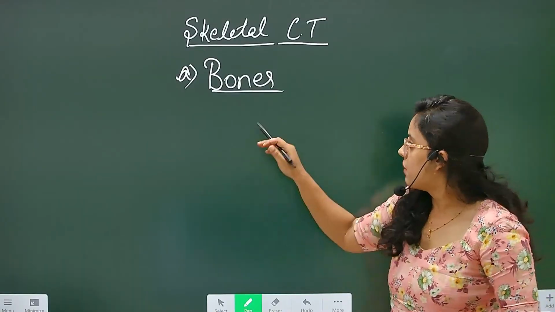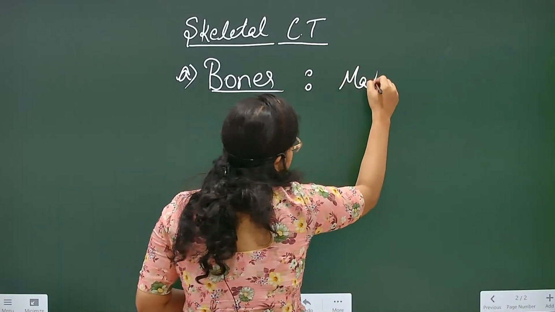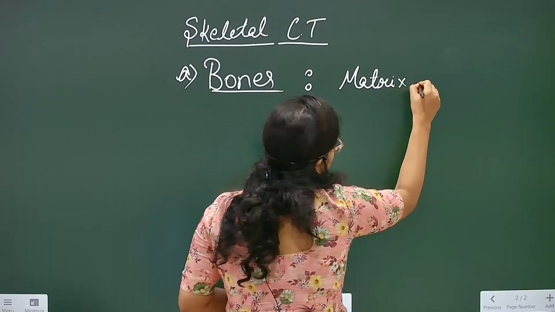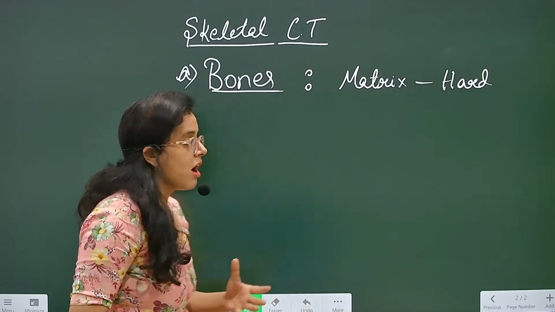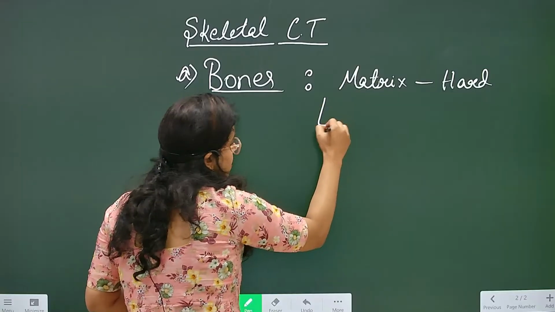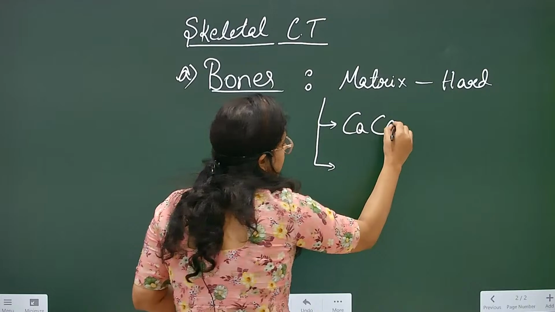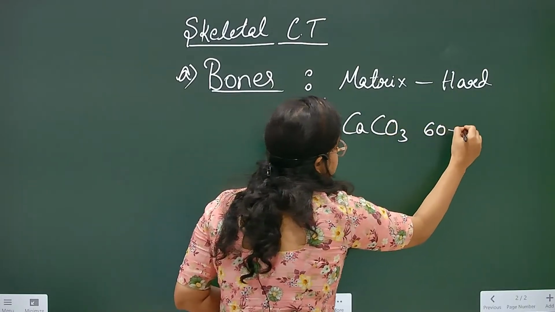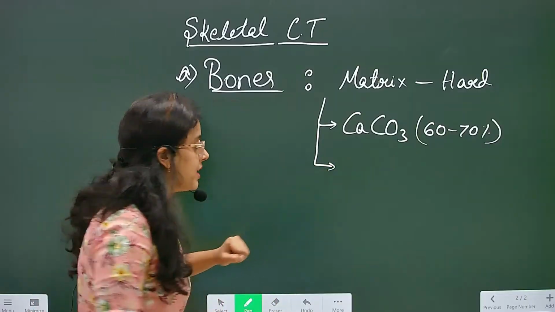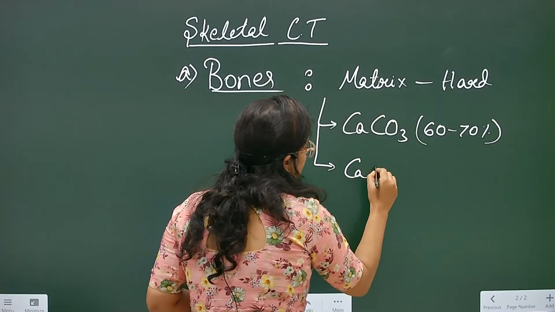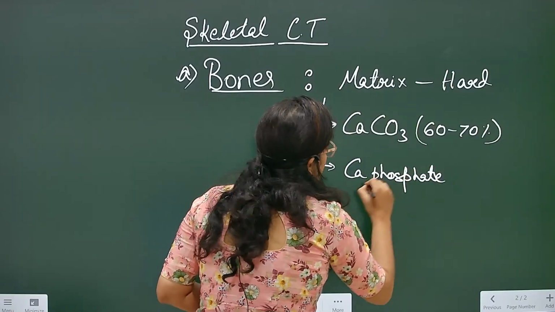Now these bones have a very hard matrix. Why is the matrix very hard? Because it consists of various kinds of salts like calcium carbonate. 60 to 70% of the matrix is made up of calcium carbonate. Similarly, calcium phosphate and many other minerals are present.